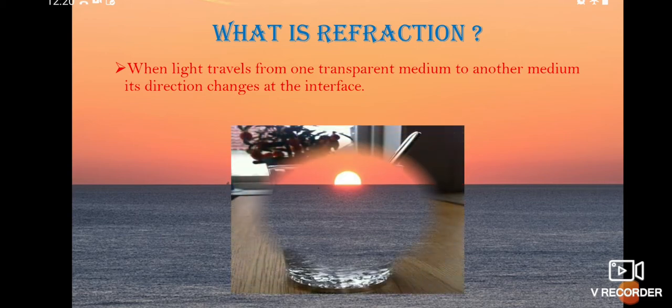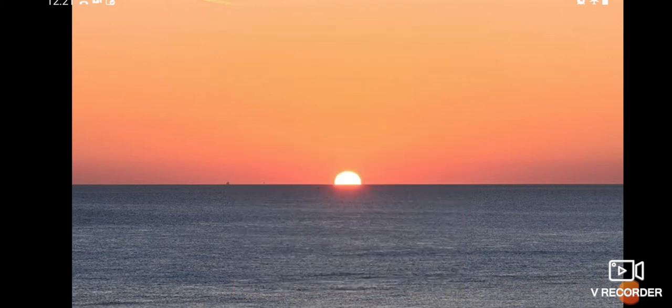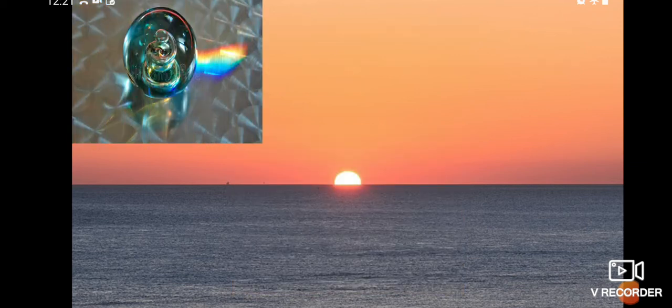Okay, see here you can see the broken spoon also. This is refraction, because here the light ray transfers from the transparent medium air to glass, so that we can watch the broken spoon image. If you observe the images, for example I have taken some images, what is this image?